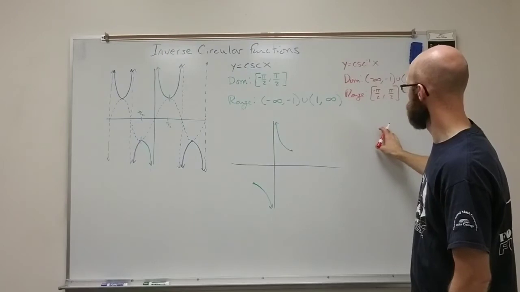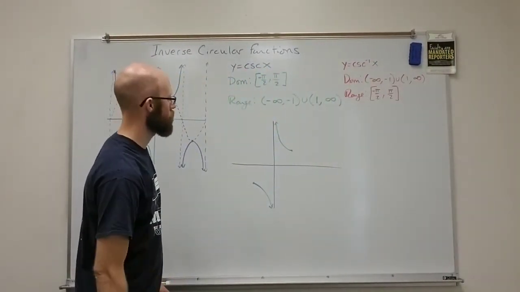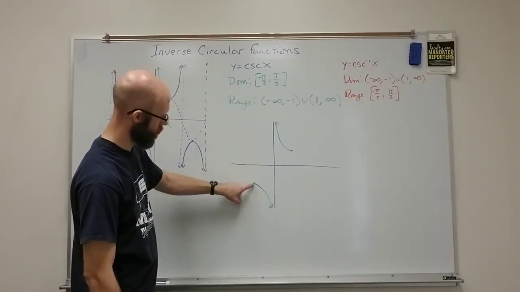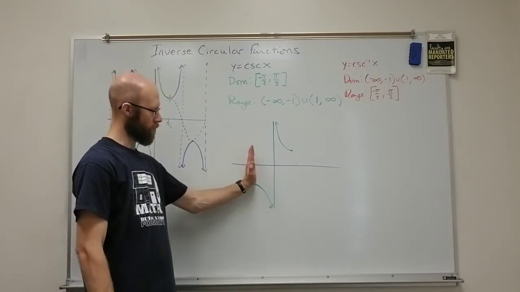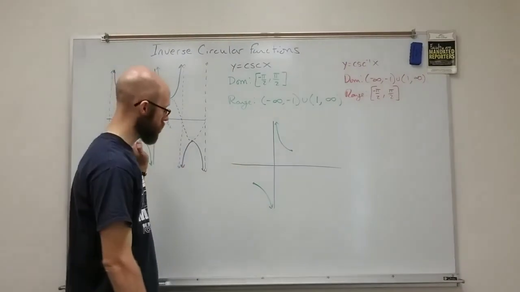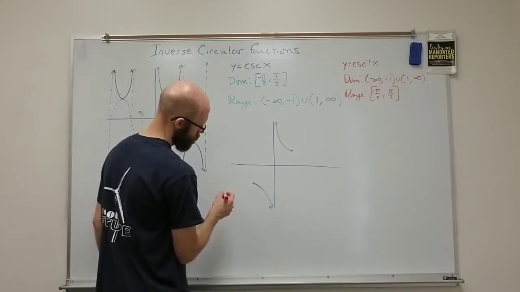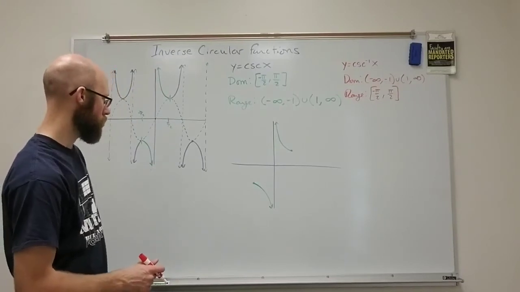So, let's see. We've got to figure this out. So it looks a little bit silly. This graph from negative 1 down is going to go from negative 1 back in the x direction. The question is, does it intersect?